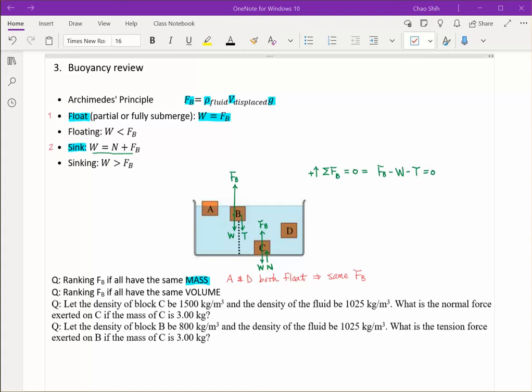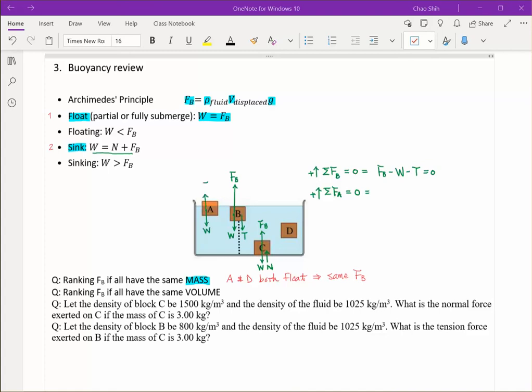If you look at a situation of A, that also is going to be equal to 0, then what are the forces acting on the A? The A only has its weight. It also has a buoyancy force.